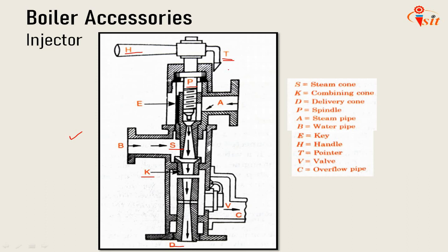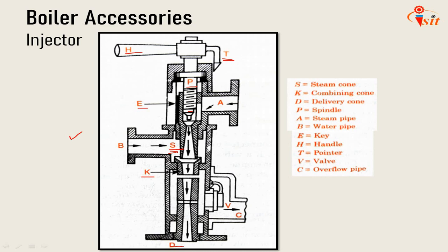The lower part of the spindle has a screw which works in a nut which is an integral part of the steam cone. The key E checks the rotation of steam cone. With the rotation of handle, steam cone moves up and down, and consequently the valve controls the steam flow through the steam cone.